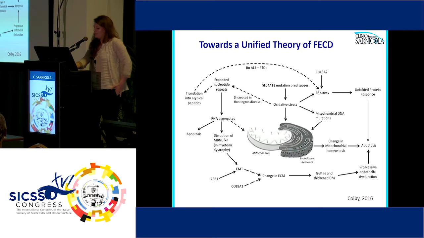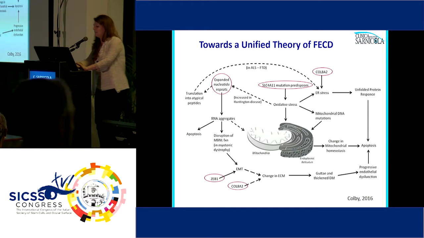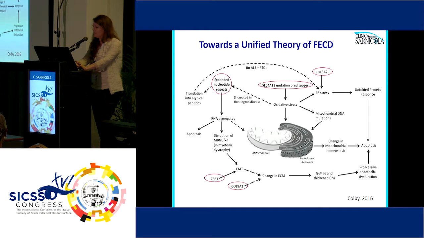This very nice diagram, I have obtained it courtesy of Dr. Colby, with whom I was fortunate enough to work for some months. She has put together all the scientific evidence that we currently have available, in the solid lines.